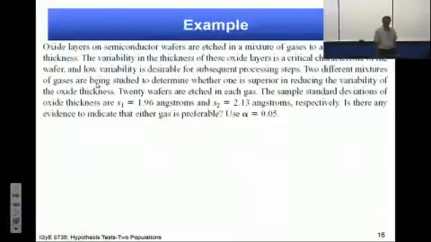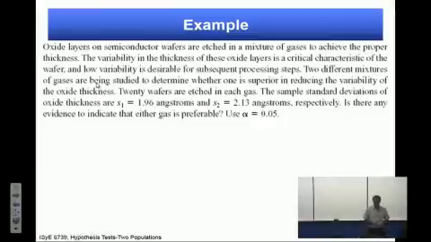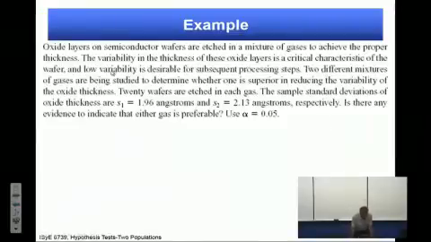Okay, one example. In a process, oxide layers on semiconductor wafers are etched in a mixture of gases to achieve the proper thickness. The variability in the thickness of these oxide layers is a critical characteristic, so we are interested in low variability.